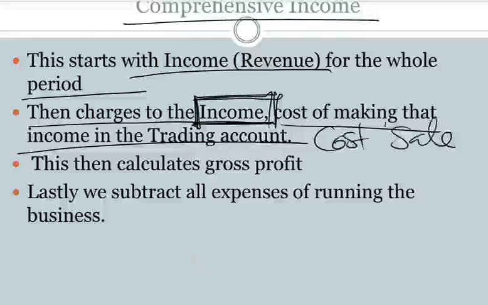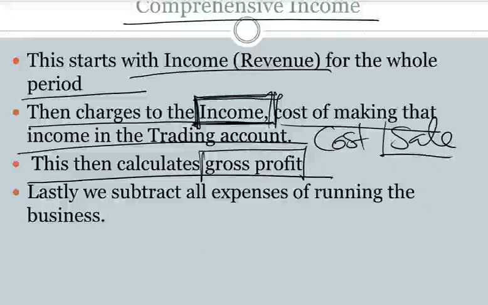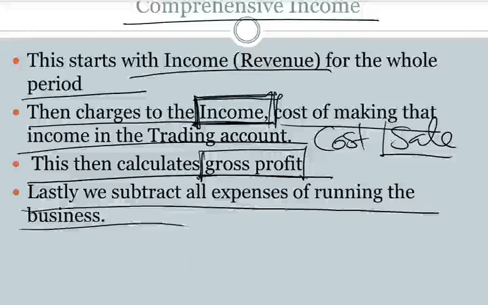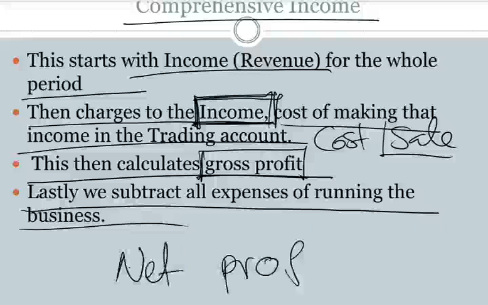If we subtract this, we find the gross profit. So it's income or revenue minus cost of production. After finding the gross profit, now we will subtract all the other expenses and we find the net profit. That's how it's supposed to be.